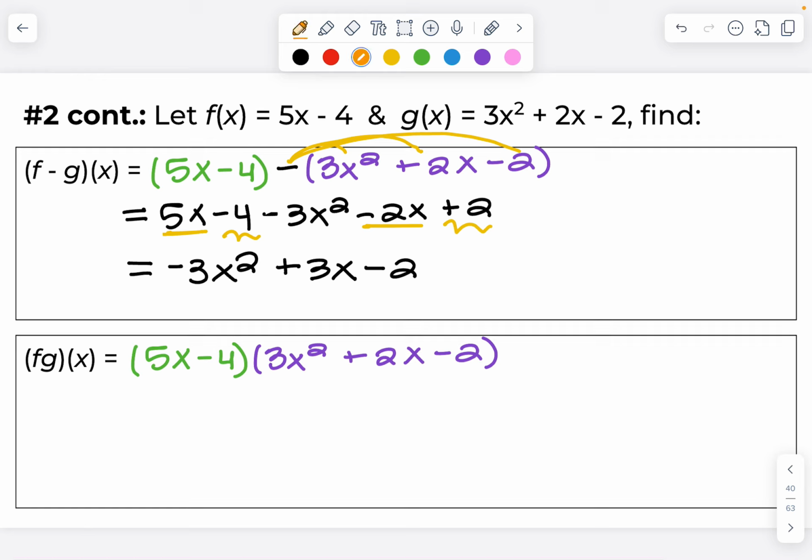For multiplication, I'm again going to go 2 term to 3 term, like this. And I want you guys to take a second to multiply this out by yourself.